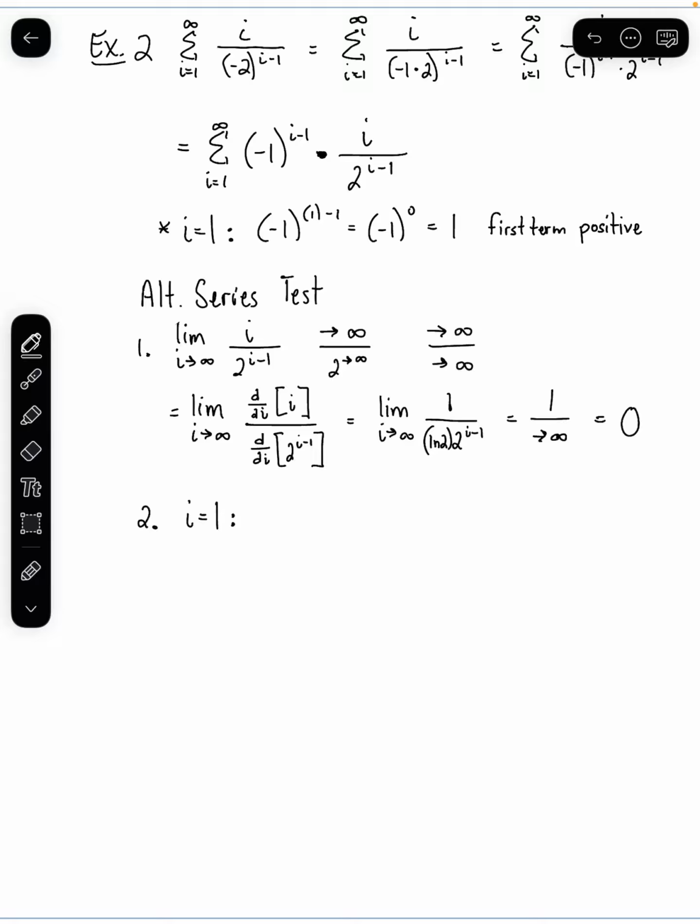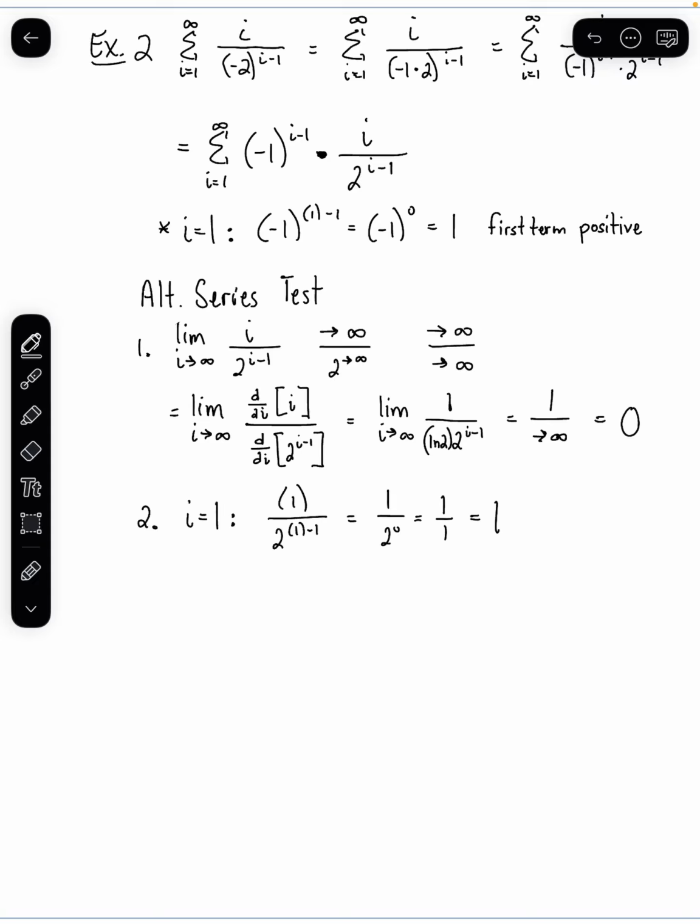Now, when I equals 1, we specifically have 1 over 2 to the 1 minus 1, or 1 over 2 to the 0. So when I equals 1, we have that the very first term is equal to 1. It's the magnitude of the first term.